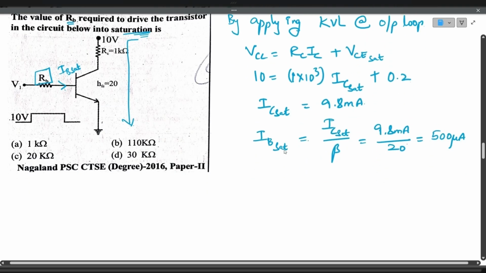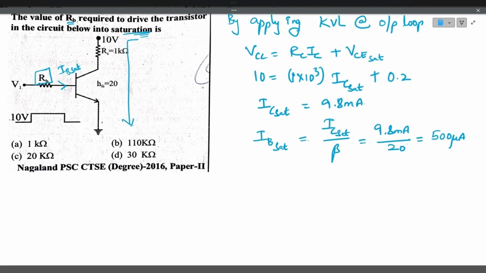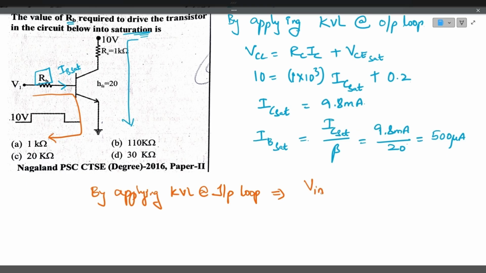Now you can calculate the base resistance. It can be calculated by applying the Kirchhoff voltage law in the input loop. By applying KVL at the input loop, you will get the input voltage is equal to IB saturation into RB resistance plus VBE.